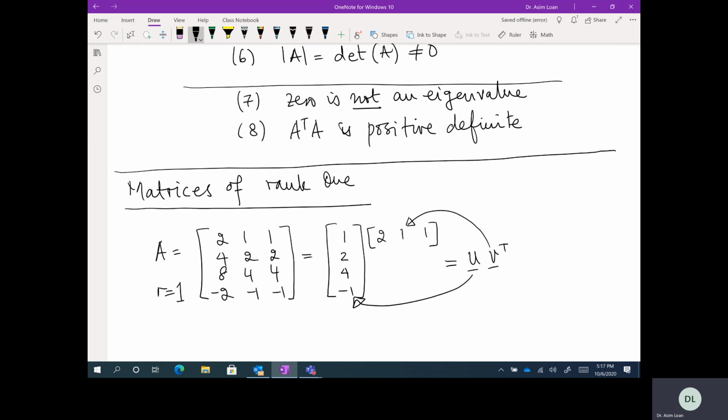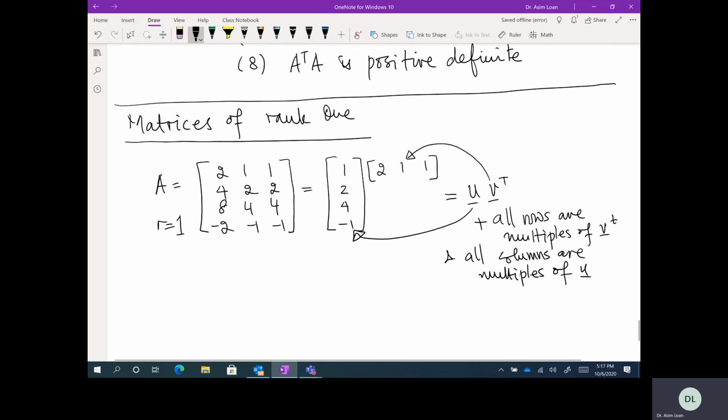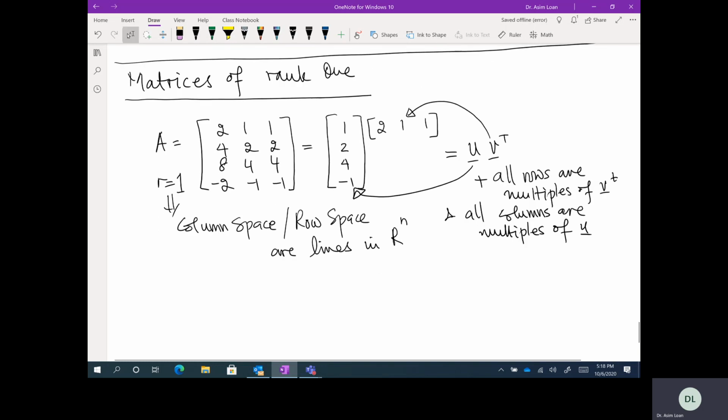So all rows are multiples of V transpose, and all columns are multiples of U. So since the rank is 1, this implies column space and row space are lines in Rn.